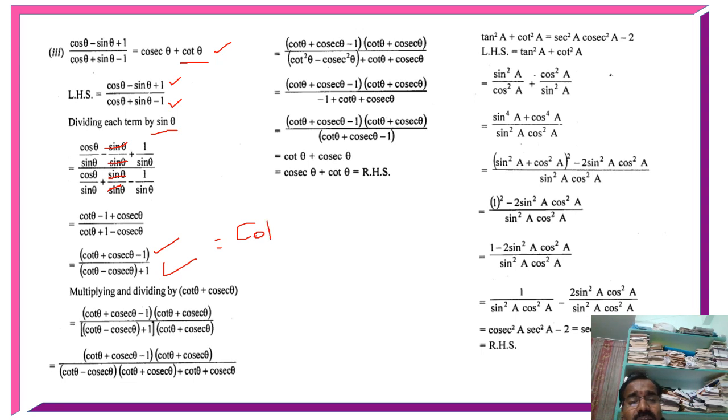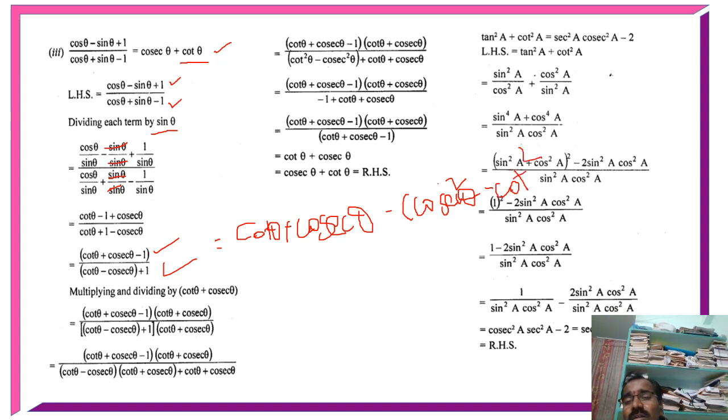By using the identity cot theta plus cosecant theta, only the numerator will change, the denominator remains the same. So instead of minus 1, we can write bracket of cosecant square theta minus cot square theta. It is the third identity.